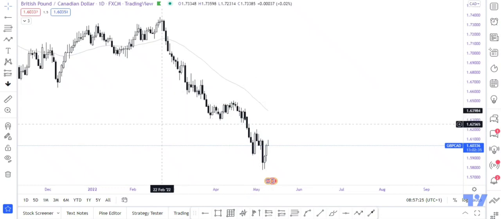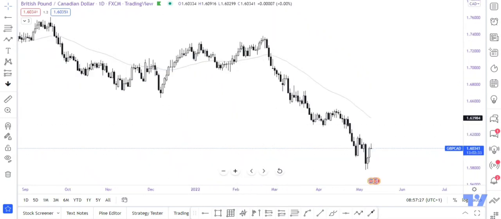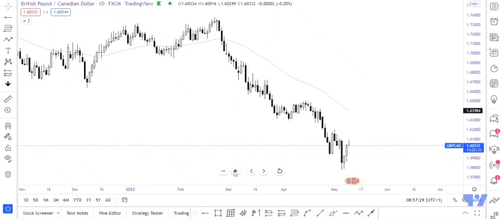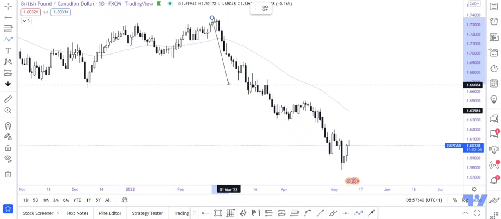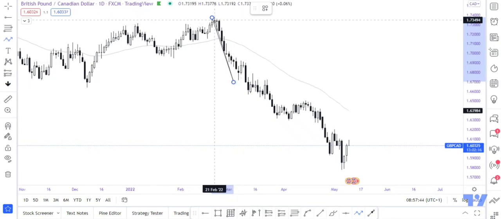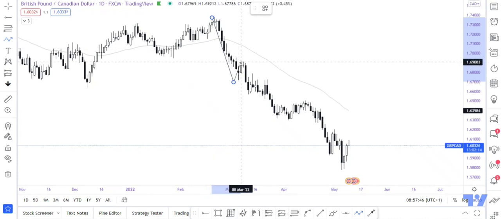But on this particular trade on GBP CAD, I based my analysis on the daily time frame, the overall direction on the daily time frame. So let's be careful too and work with me here. Price created a high and created a low. It then created a high that was lower than this previous high, so creating a lower high.